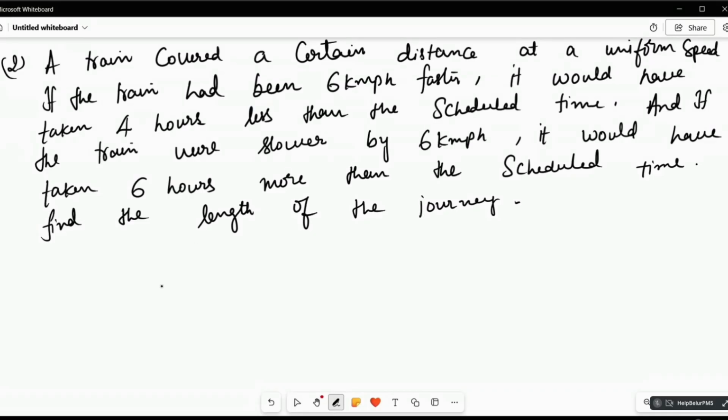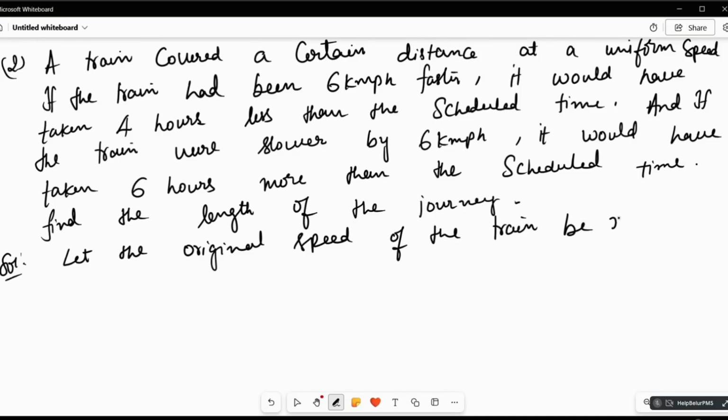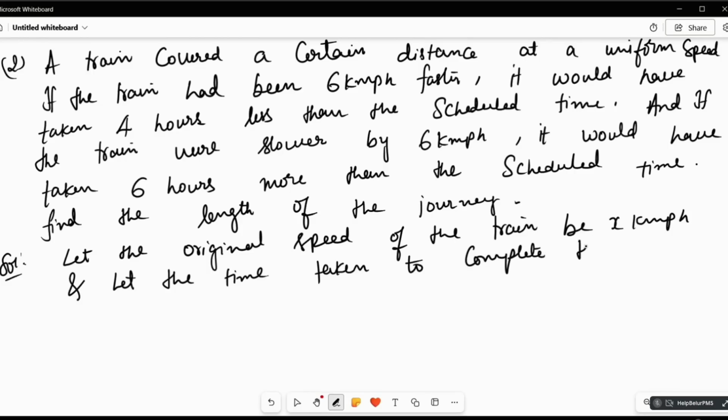Now, let the original speed of the train be x kilometers per hour, and let the time taken to complete the journey be y. Now you have to do.